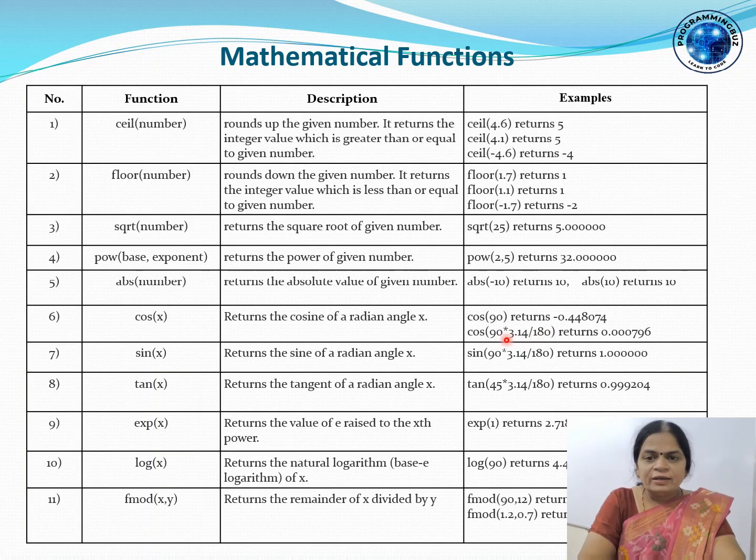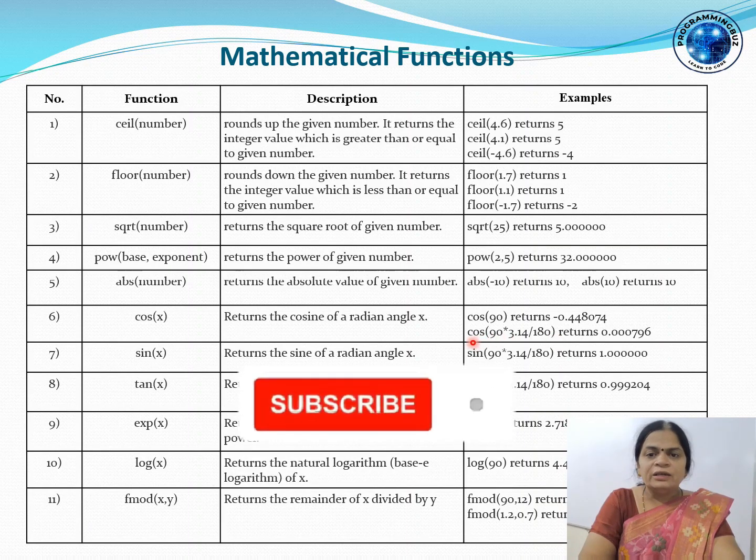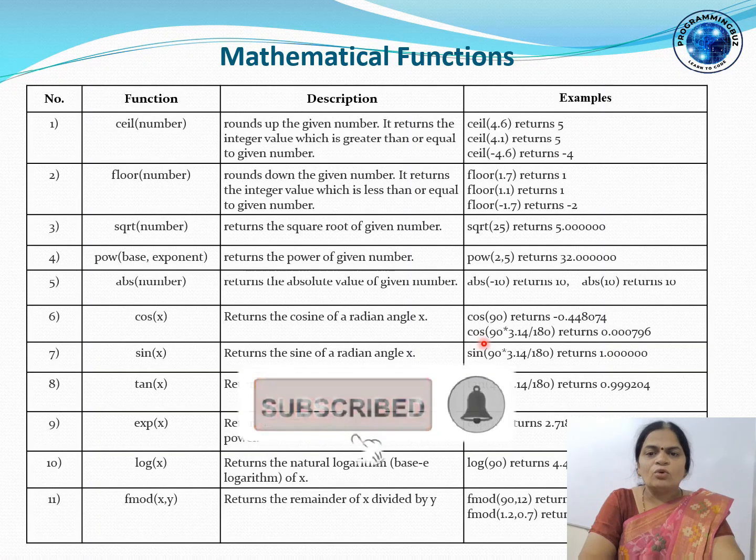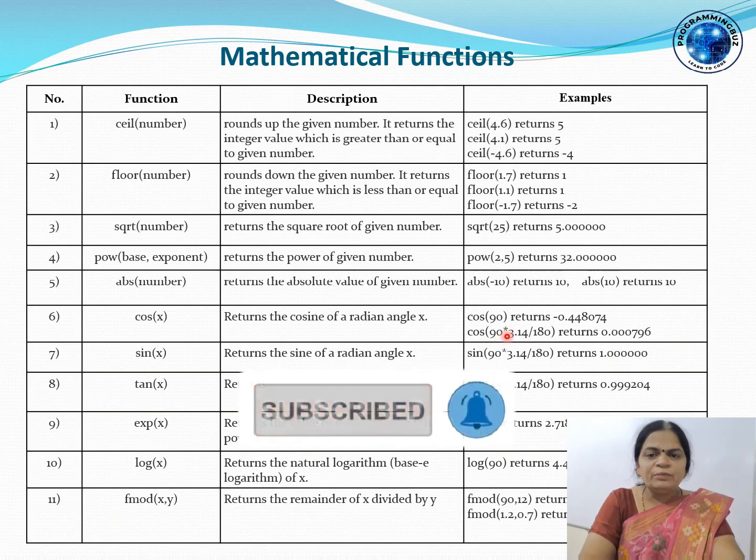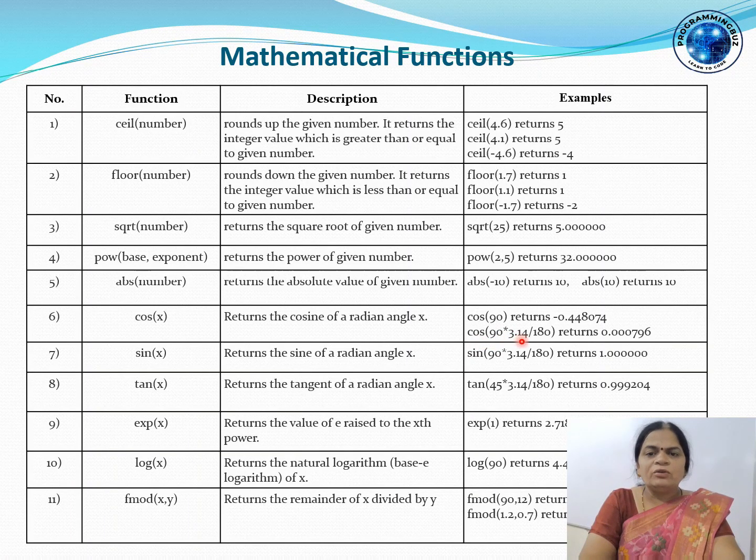You know that degrees can be converted to radians by simply multiplying by pi by 180. So if you want to calculate cos of 90 degrees, you have to write cos of 90 multiplied by 3.14, or you can write the complete value of pi.